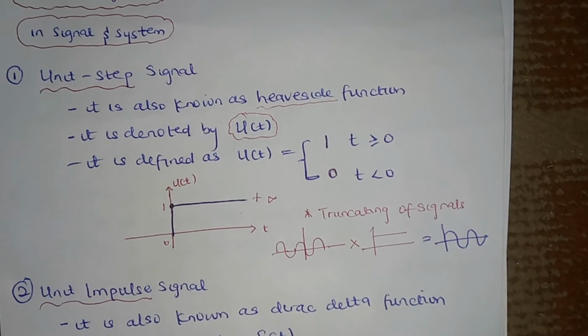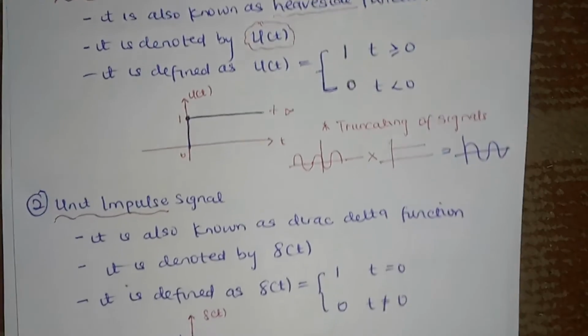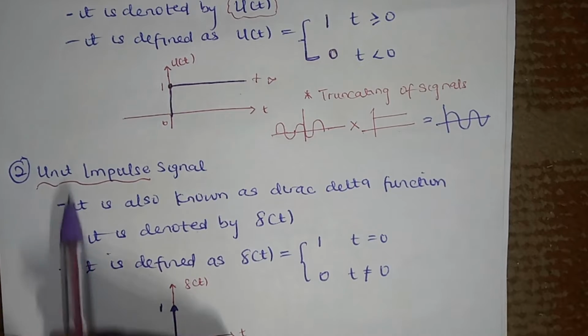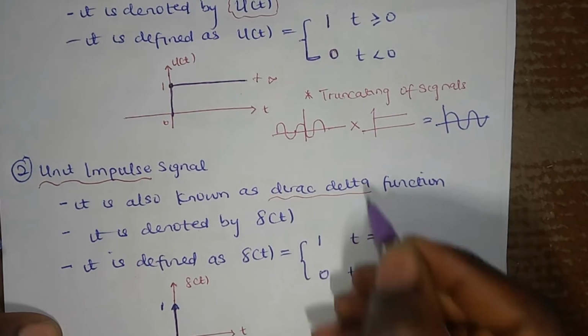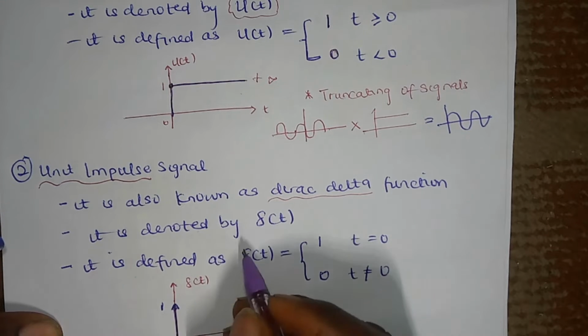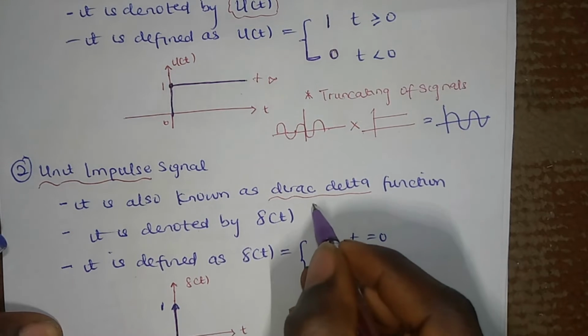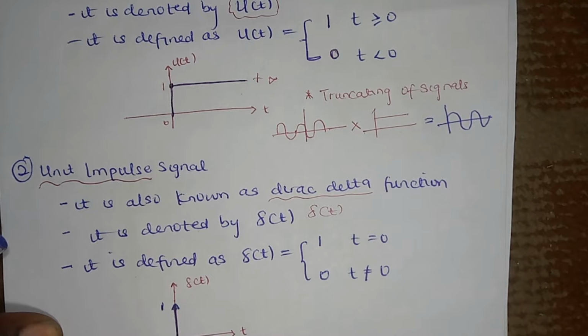Let's look at the second signal, which is also very important in signals and systems. The second one is the unit impulse. It is also known as the Dirac delta function. It is very important also in signals and systems. It is denoted as delta of t, or you can say Dirac of t, this way, kind of like a curly x.